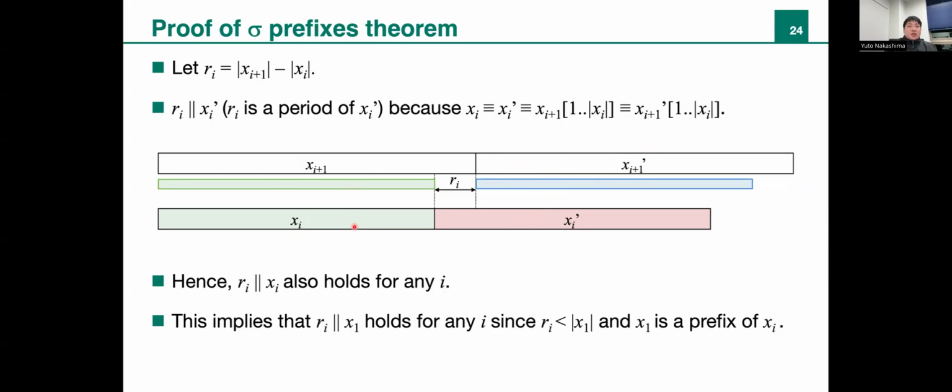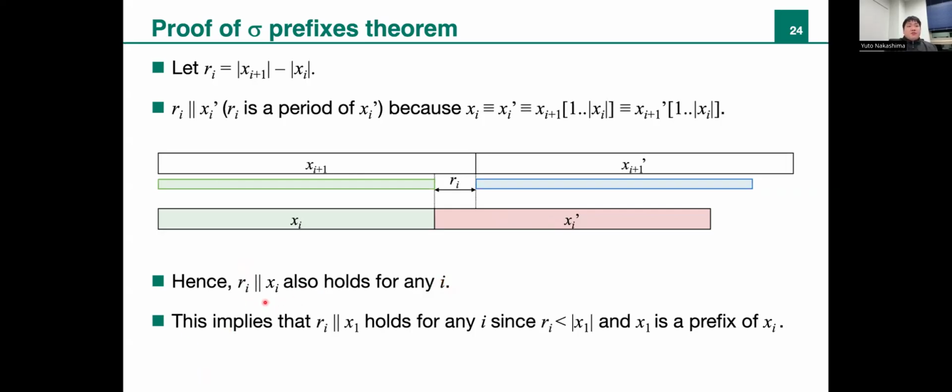So then we have this Ri, because this red part and the blue part, this difference Ri is a parameterized period of xi prime. So xi also has Ri as a parameterized period for any i.